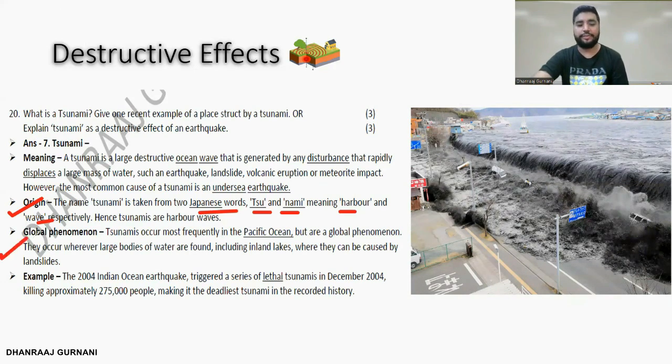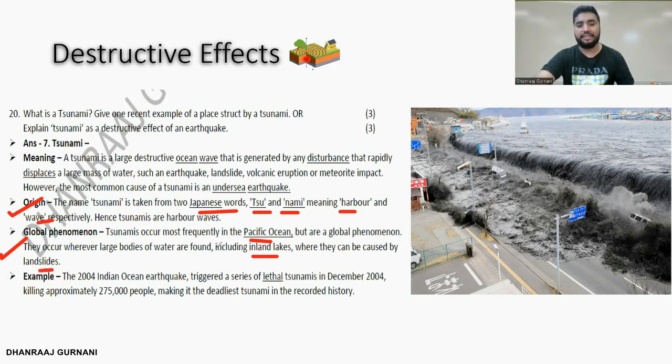Global phenomenon, third point. Tsunamis are most frequent in the Pacific Ocean, but they are a global phenomenon. They occur where large bodies of water are found, including inland lakes, where they can be caused by landslides.